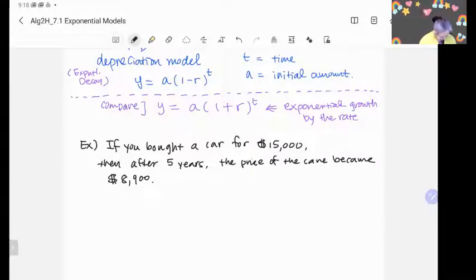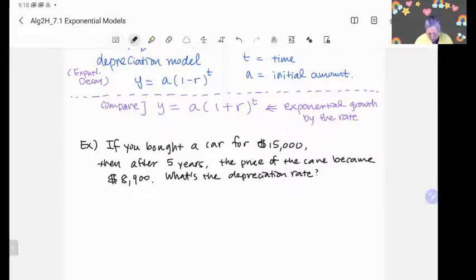Then what was the rate at which it decreased every year, right? In this case, we can utilize the depreciation model for finding the rate here, right?